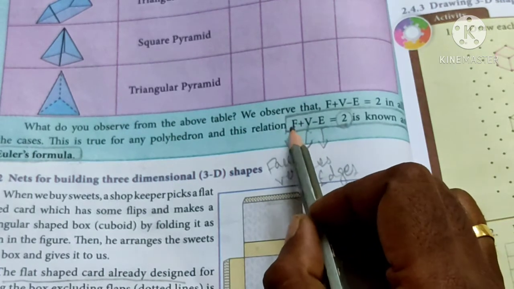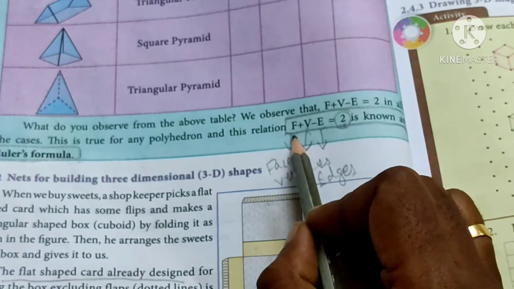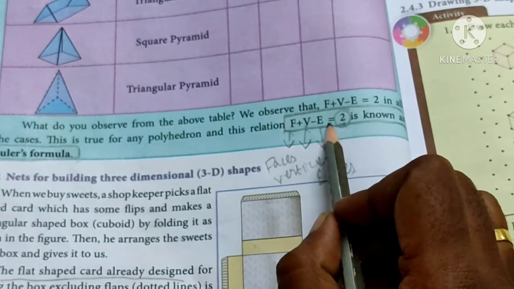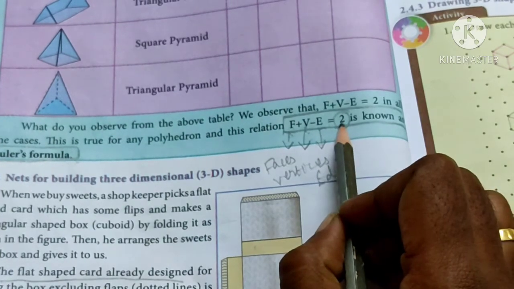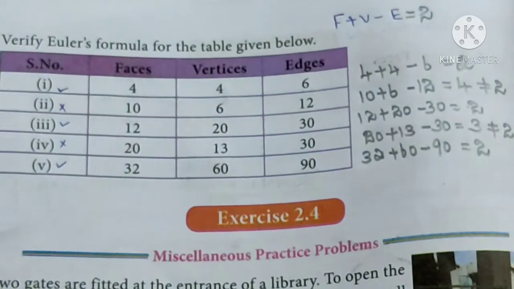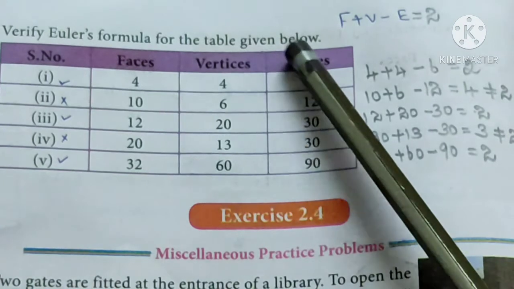Find the number of faces, number of vertices and number of edges. Add faces and vertices counts and subtract the edges count. We get the answer 2. Euler's theorem is verified. So listen, the last question. Verify Euler's formula for the table given below.